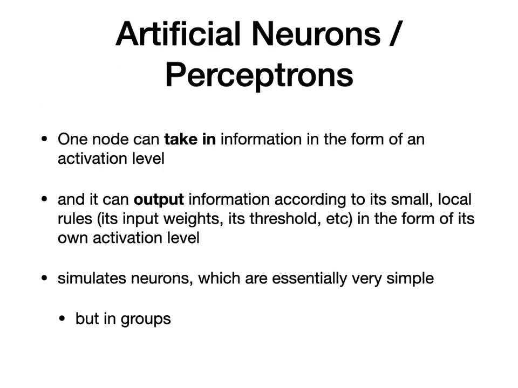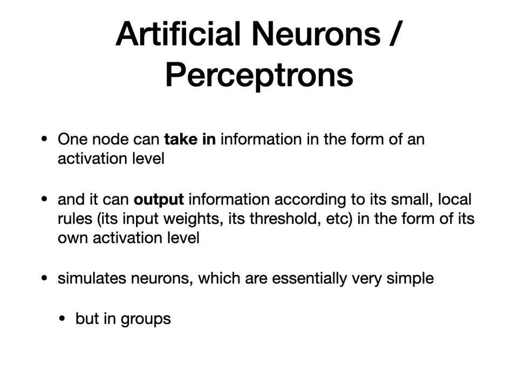So, again, to recap, one node in these neurons, these artificial neurons, perceptrons, we could call them a node in a network, can take in information in the form of some activation level, just like a real neuron might, and it can output information according to its small local rules for how to do that.